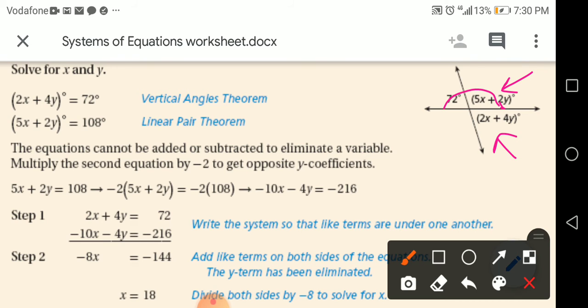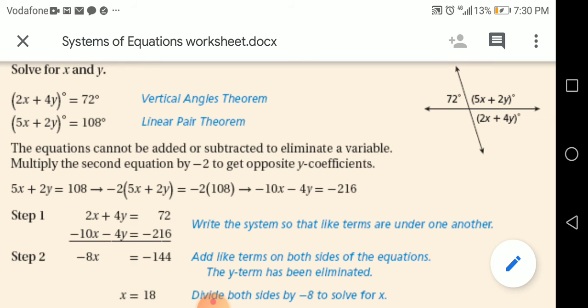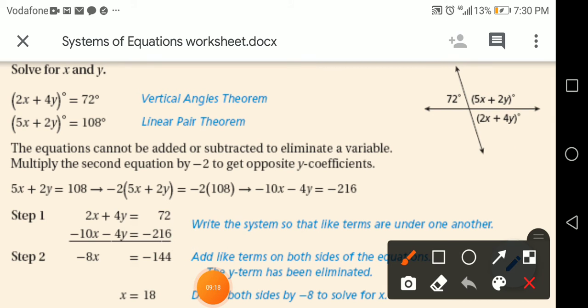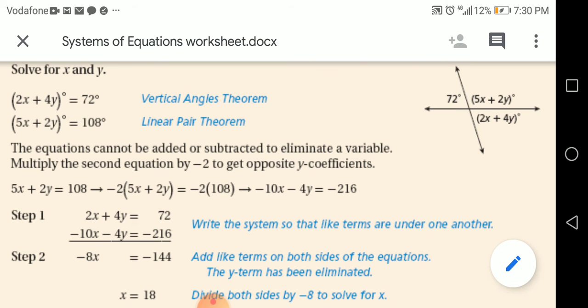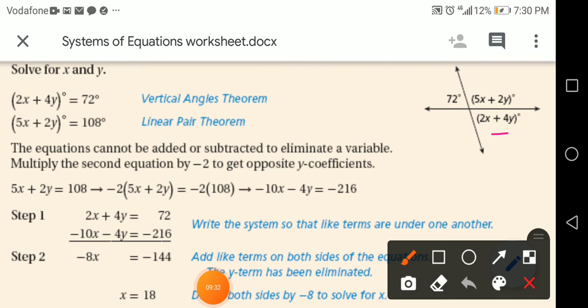I also want to ask you something about geometry. What do you think about this and this? Vertical? Yes, we have the vertical angles theorem. So 2x plus 4y is equal to this angle, right?